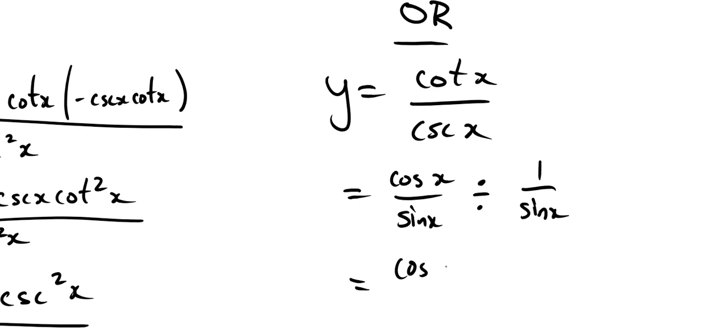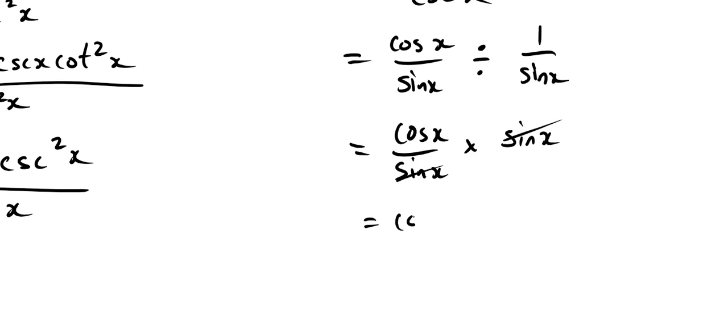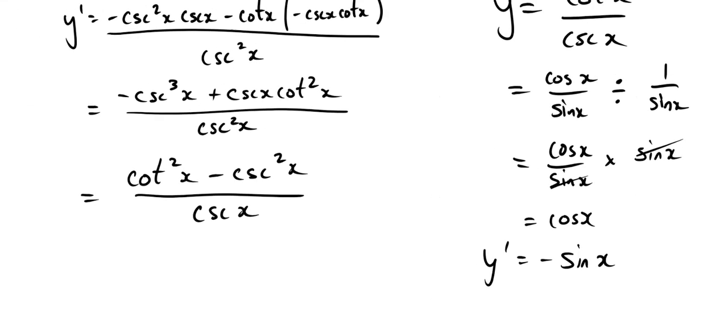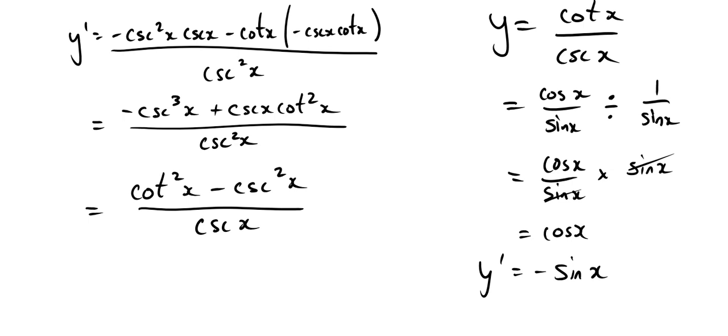So that's cos over sine times sine. So y prime is negative sine x. That was easier. It turns out this is negative sine x. And with a few steps, either coming up with a common denominator or using a lesser known Pythagorean identity, you could get the same thing.